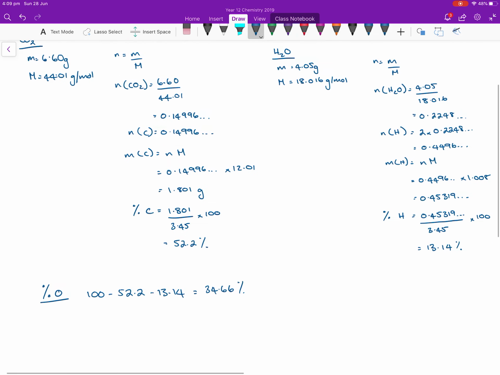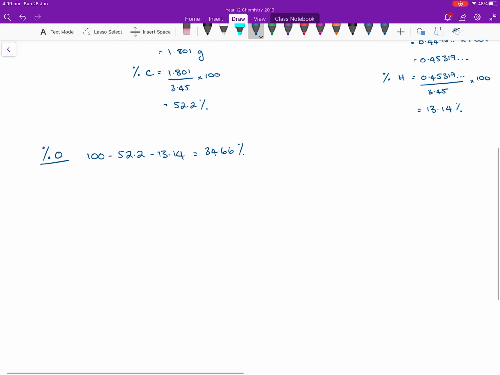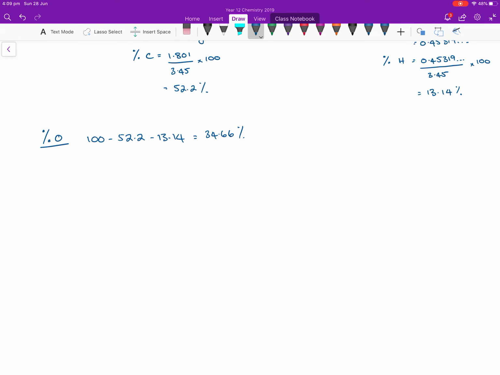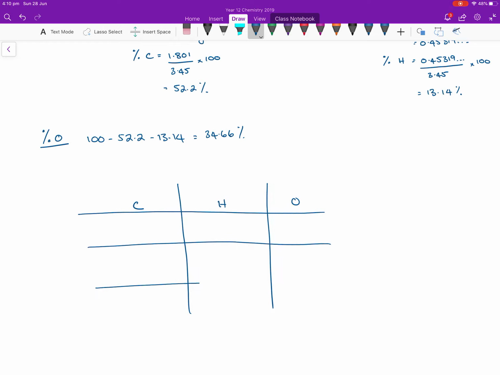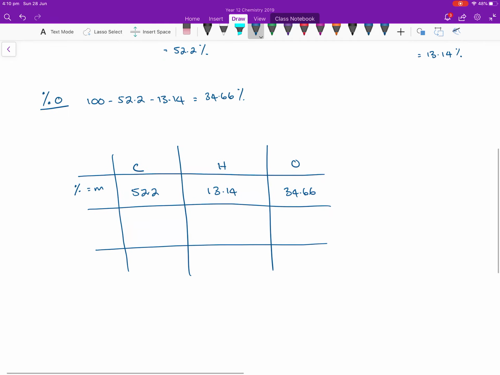So now that we've got our percentages of the 3 elements in our compound, we can go to the table that we used with our other questions. So we've got carbon, hydrogen and oxygen. Starting out with our percentages, which remember equaled our mass in 100 grams. So we've got 52.2 for carbon, 13.14 for hydrogen, and 34.66 for oxygen.